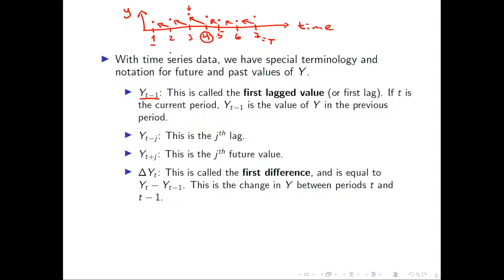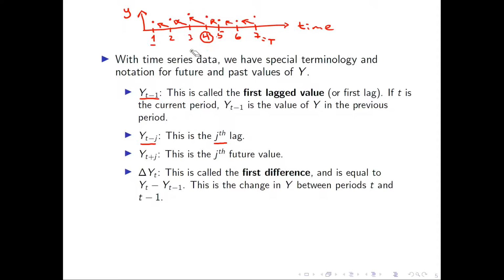And you don't have to go one lag behind or only do the first lag. You can have lags of greater magnitude, and then you could talk about the yt minus j, which is the jth lag. This means that for every time period, you're looking j periods into the past to get the value of y.